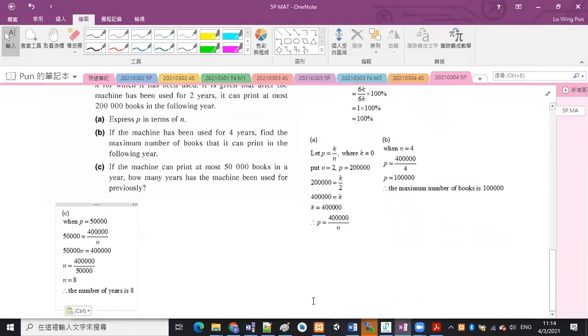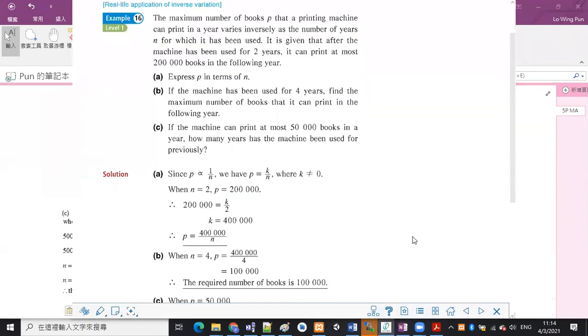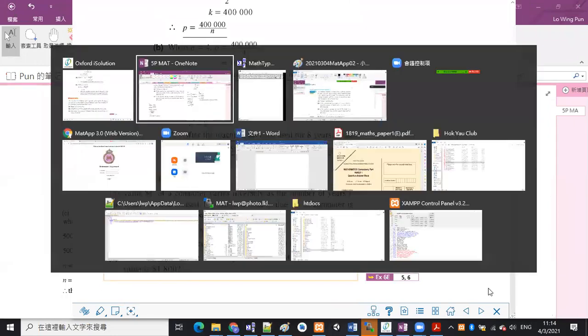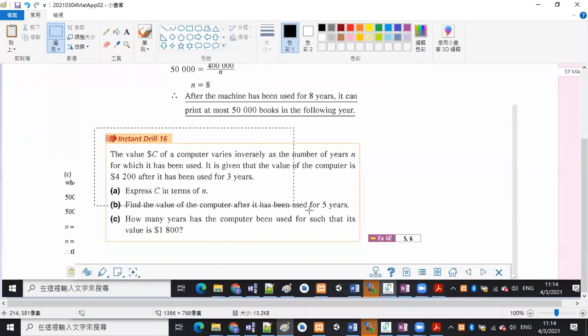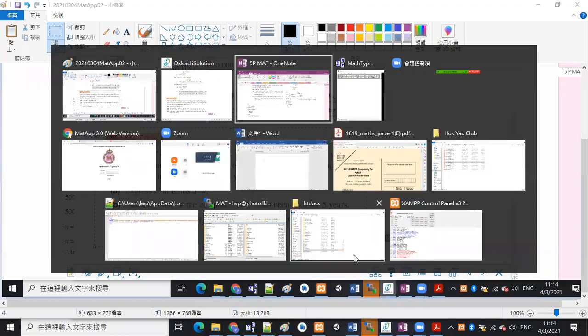So this is example 16. And now I would like you to do the instant drill number 16. Instant drill 16. And again, I give you 4 minutes.